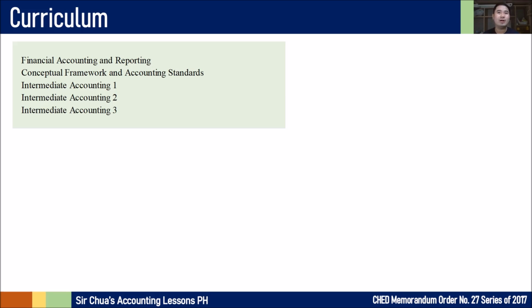Okay? The design, the format. Don't take design literally as in design like may flowers sa gilid. No, the design, the components, the format itself, and then what are the things that you should include in those financial reports. All of them are being discussed in these subjects. Okay, dyan sa limang yan.